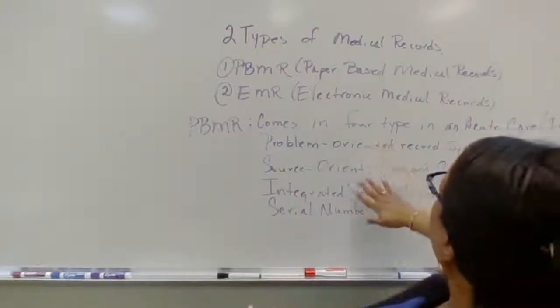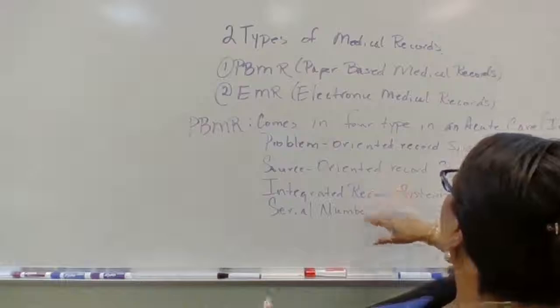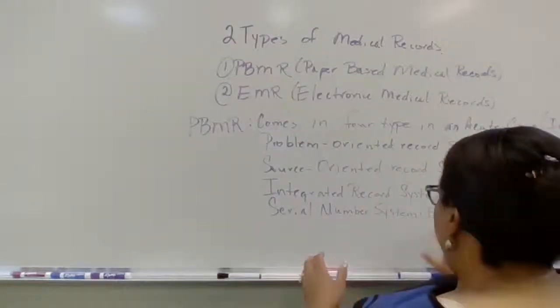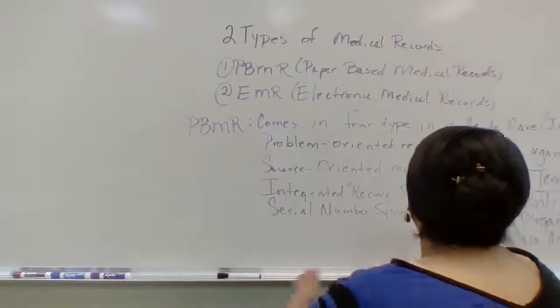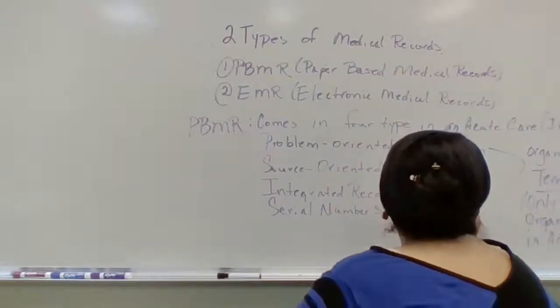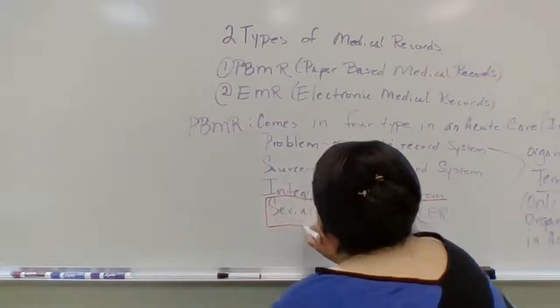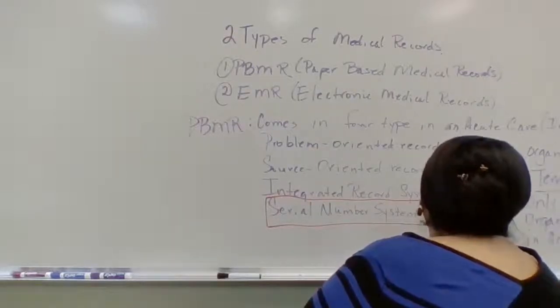And they have different types of medical records. The serial number has its own category in medical records. Why does it have its own category in medical records in the hospital? I'm glad you asked.